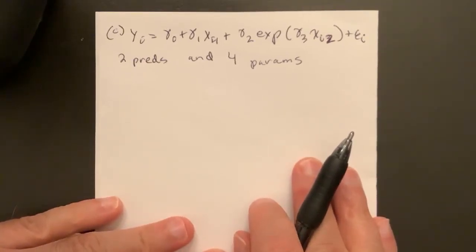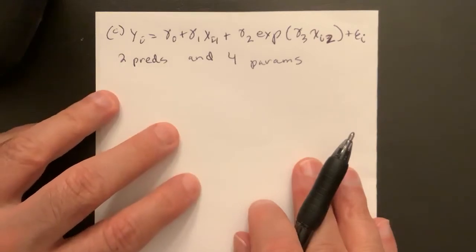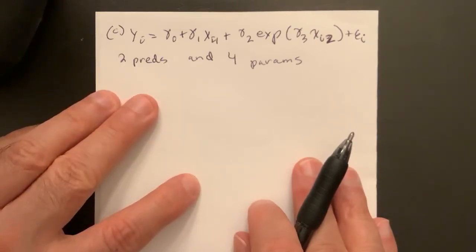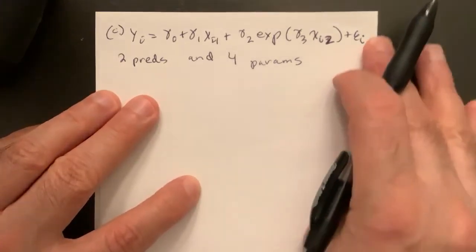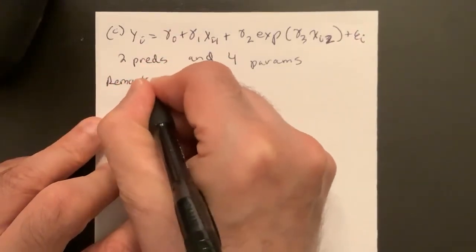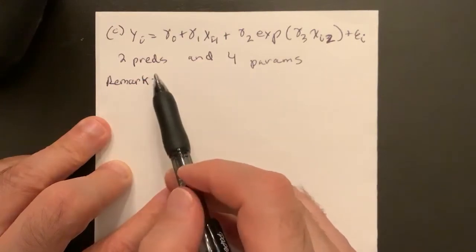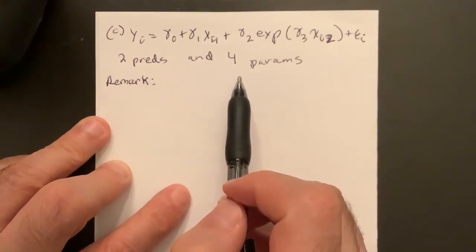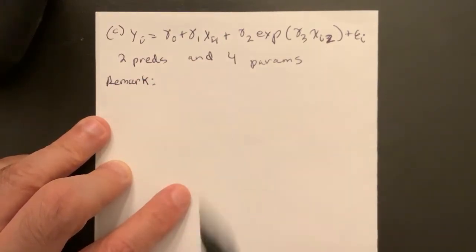So one thing to point out, a remark: the number of predictors is not tied to the number of coefficients anymore. It used to be that there was always one more parameter than there were predictors.